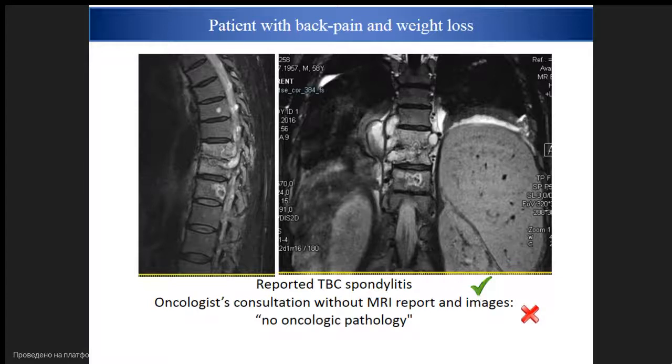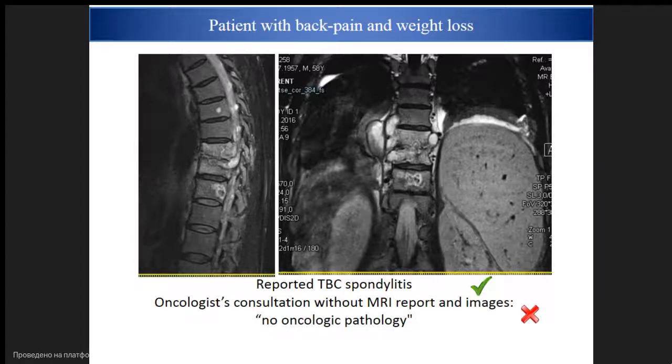The patient with severe back pain has been consulted several times in the hospital. He has had several CTs of the chest or the abdomen, but a diagnosis was not made. And the patient has been referred to MRI.